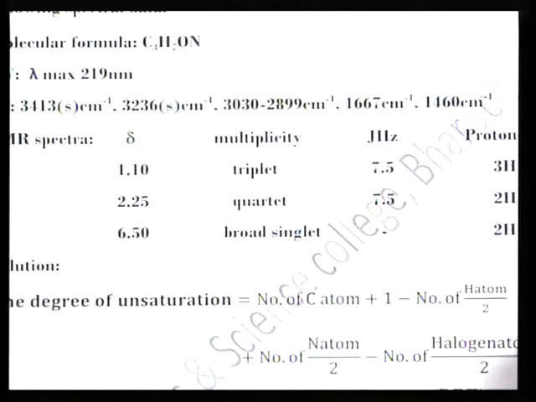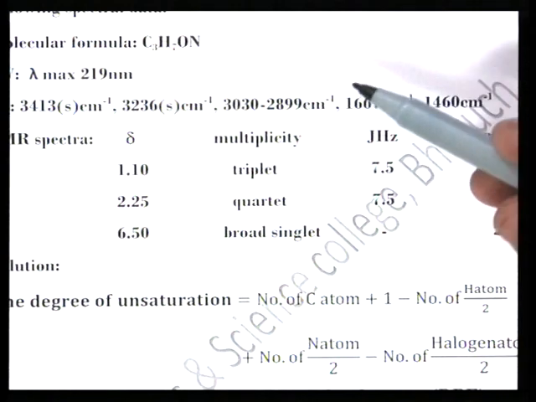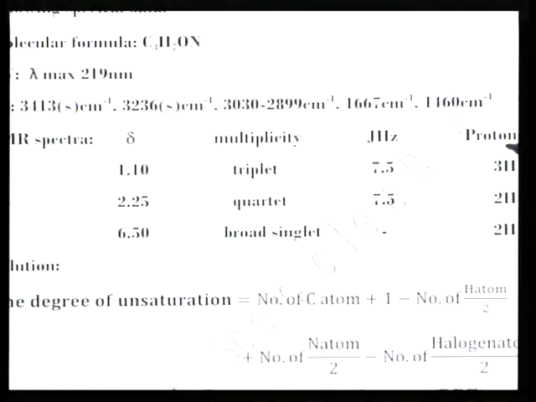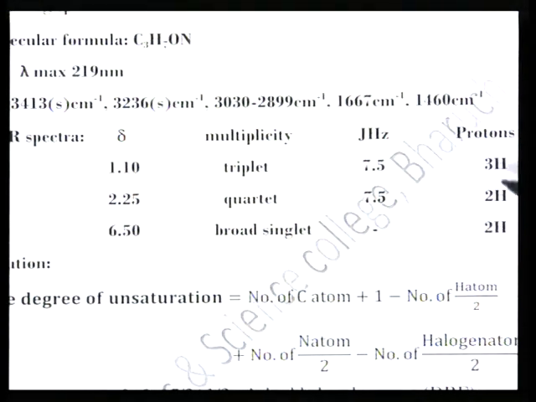The number of protons in the molecular formula is 7, distributed in 3 signals: 3 protons, 2 protons and 2 protons. So 3 protons indicate a methyl group, and 2 protons indicate a methylene or amino group NH2. Similarly, here 2 protons indicate a methylene or NH2 group. If an NH2 group is there, only one NH2 is possible, the rest will be methylene.